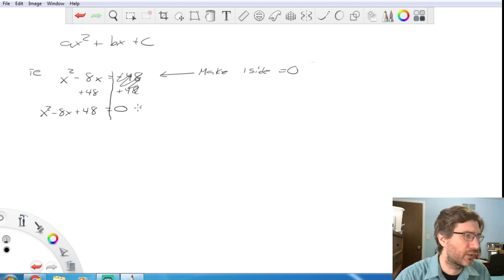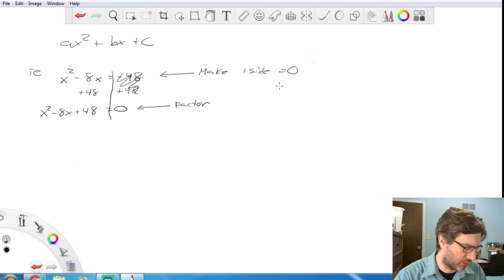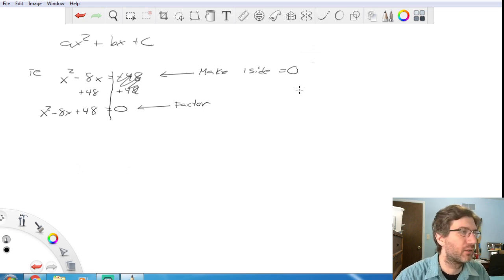Once you get to this step, you're going to factor. So I'm going to come off to the side here and factor this thing. x squared minus 8x plus 48. Again, when it comes to factoring, it's the same thing we were doing last chapter, same thing you just had a test on, same thing that you're working on and fixing for the end of the day today.